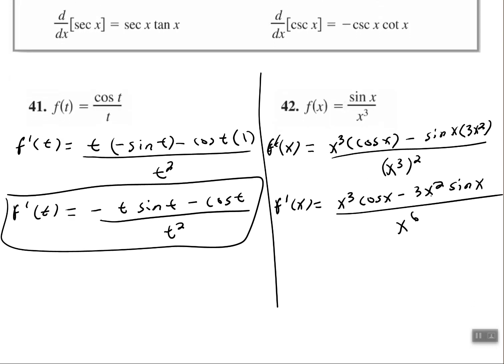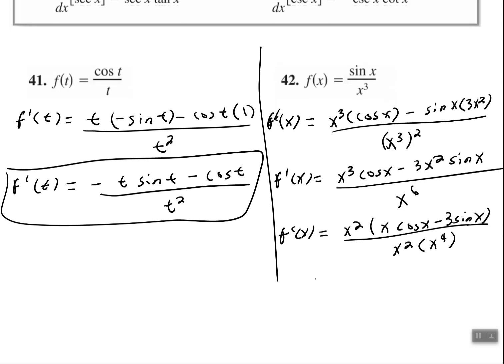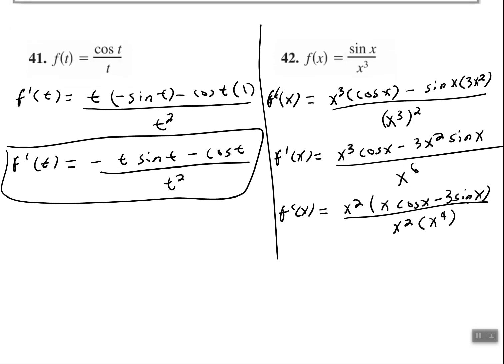Looks like we have x to the third, x squared, and x to the 6th, so we could actually factor out an x squared from our numerator and denominator, and then cancel it out. So that would leave us with x cosine of x minus 3 sine of x all over x to the 4th.